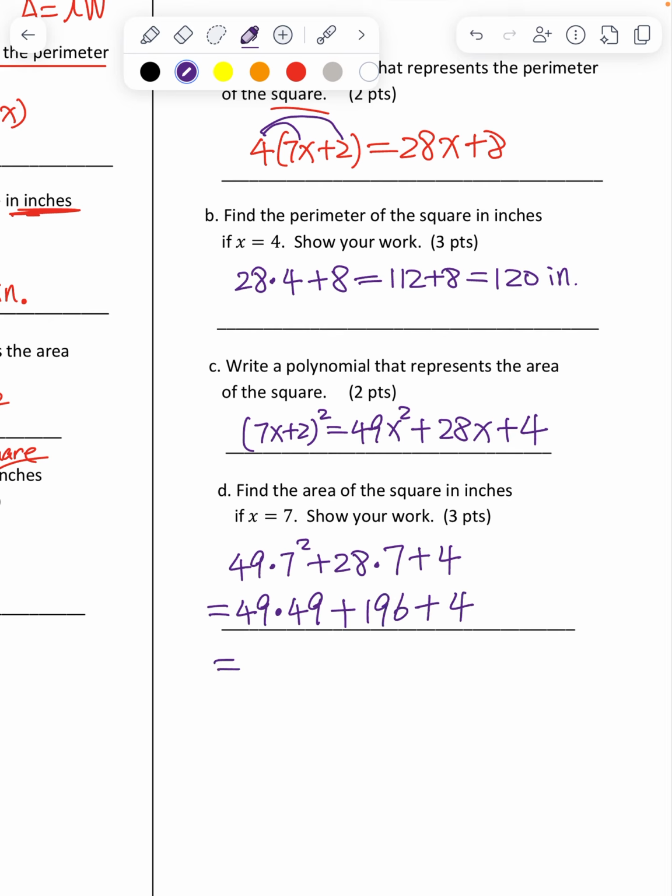So 49 times 49 is equal to 2401. So the final answer is 2401 plus 196 plus 4 equals 2601 square inches. That's it.